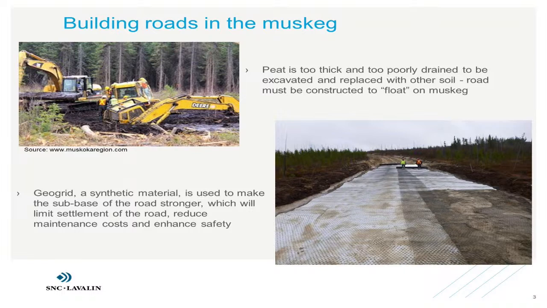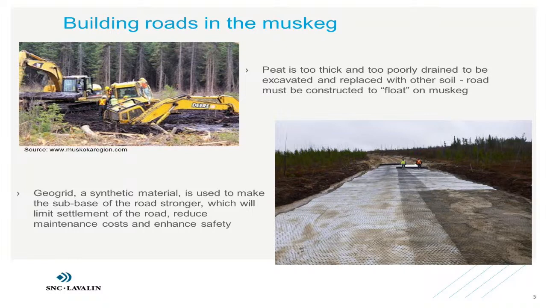So what that means is you basically have to build on top of what is there, and at the same time, as I mentioned before, you've got to allow the water to move underneath the road. Because if you don't, the water builds up on one side of the road, and that's not a good situation because then it can become drier on the other side, which can affect the habitat on the other side, because the plants there are expecting to be living in a certain environment. And that environment's changed because there's less water available, because the road is essentially acting as a dam.